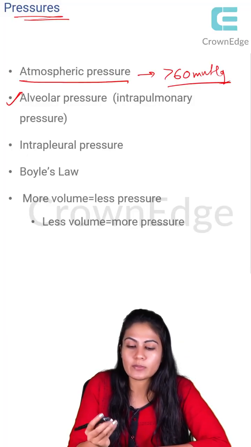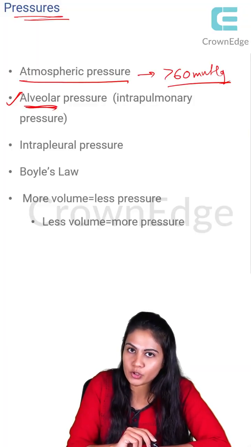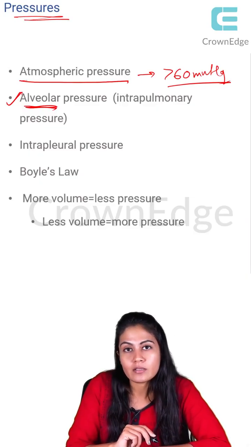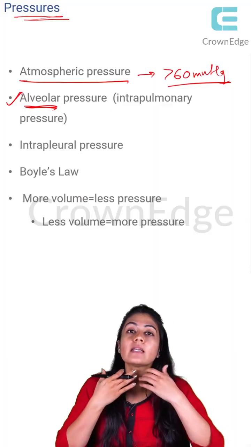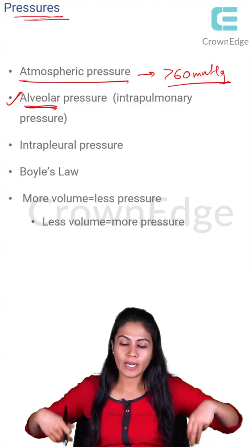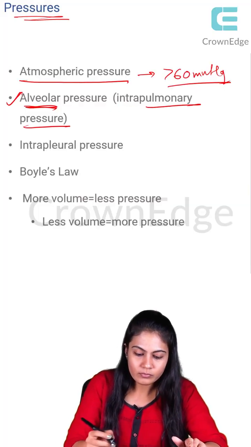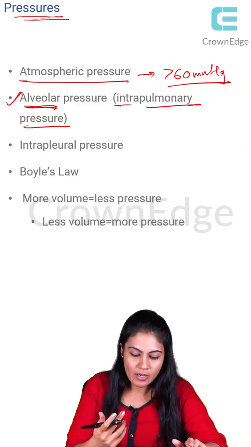The pressure that is present inside the alveoli is known as alveolar pressure. Now the alveoli are only present in the lung system, or you can say the pulmonary system. So the pressure inside the alveoli is also known as intrapulmonary pressure.